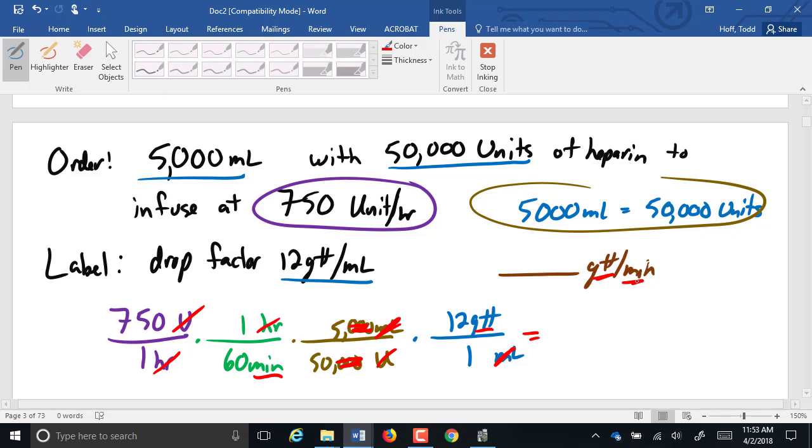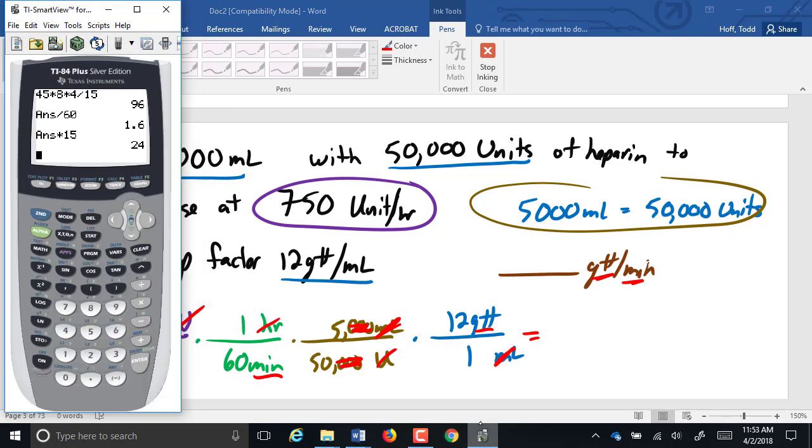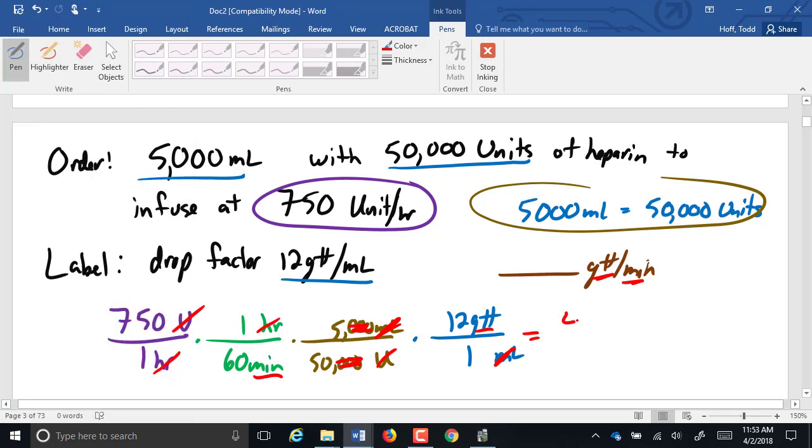So on top, let's go ahead and multiply. 750 times 1 times 5 times 12, giving us 45,000. The only unit on top is the drops. And on bottom, we've got 1 times 60 times 50, which is 3,000.